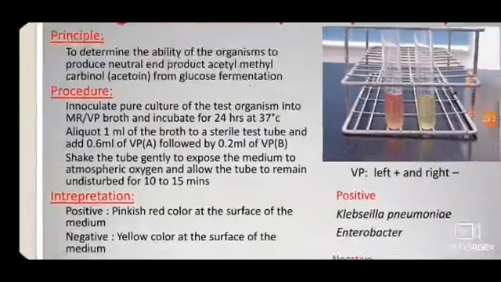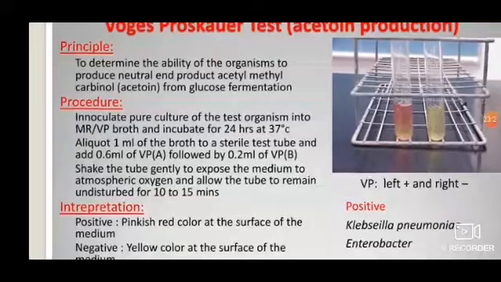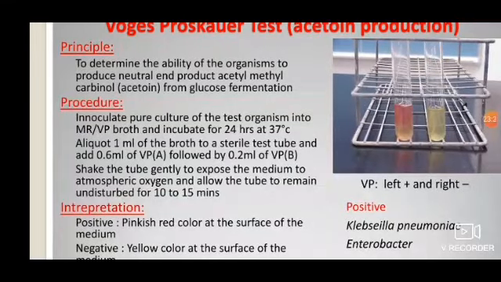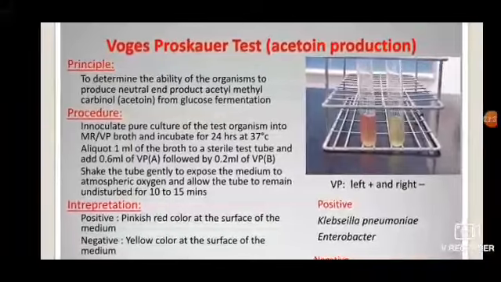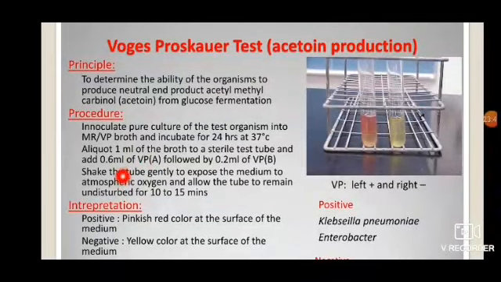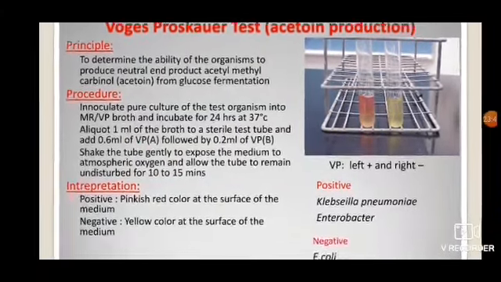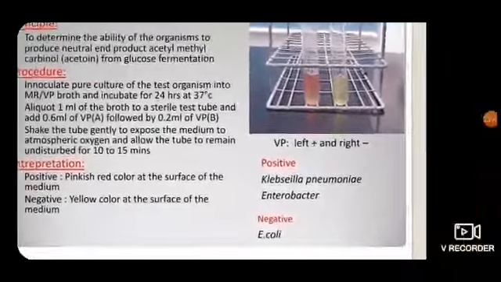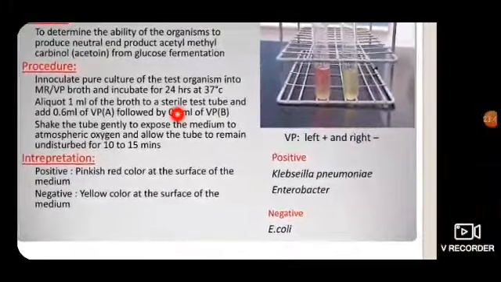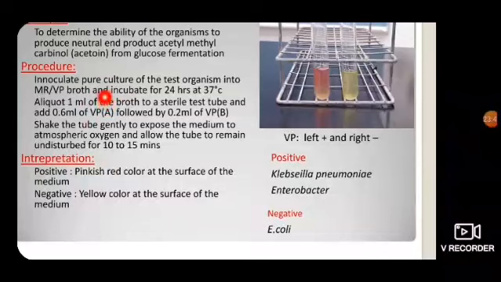After glucose fermentation, a coloration forms which can be easily observed: first one is slightly pink and second one is yellowish. On the basis of that we can identify the test as positive or negative. Same as in the methyl red test, we inoculate a pure culture of the test organism into the methyl red and VP broth.